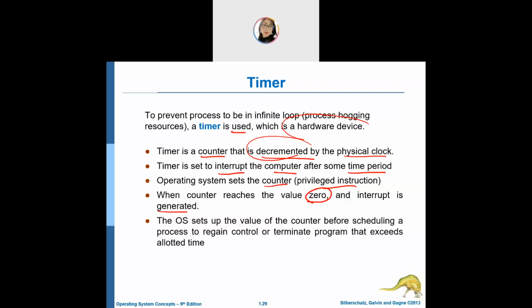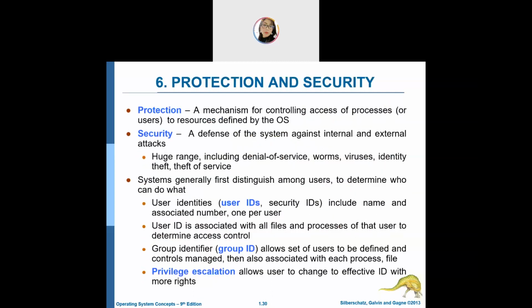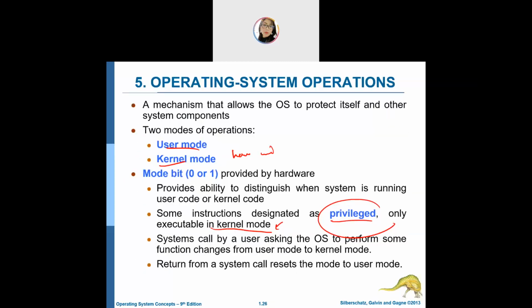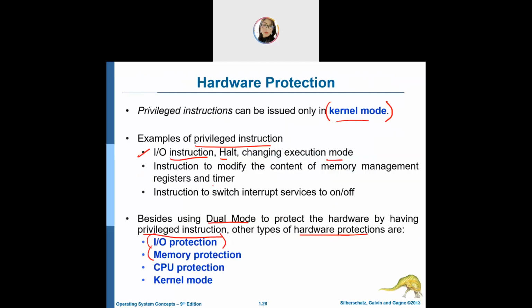And lastly, the OS sets the value of the counter before scheduling a process, to regain control or terminate the program that is executing. Okay, that is system operation.